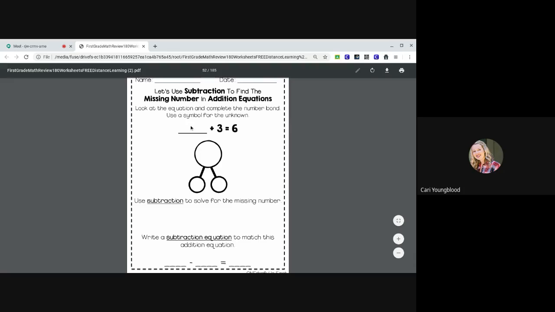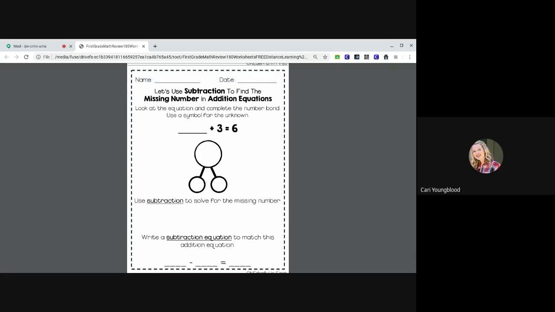So go ahead and write that out: blank or X or question mark plus 3 equals 6. What's my big daddy whole number? Remember, it's the number after the equal sign. Good, 6, because I know this is one of my parts because I'm adding it to something else. So my whole here is 6.